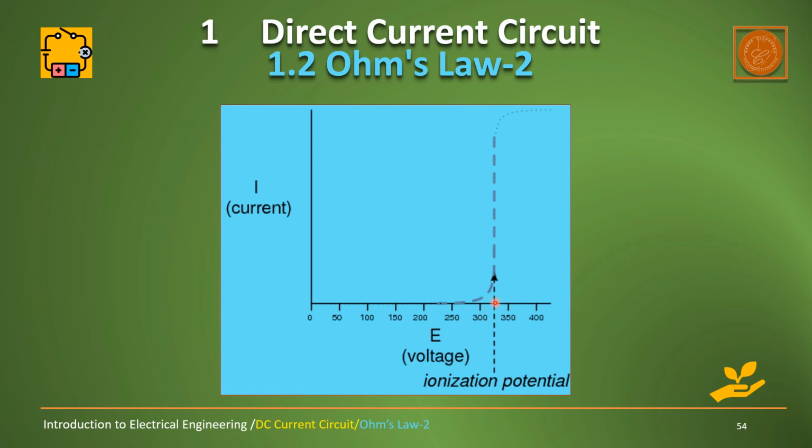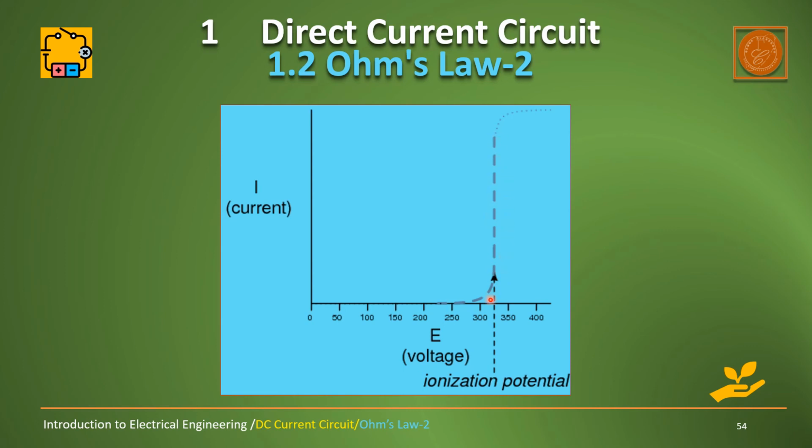When the voltage reaches this point, we call it the ionization potential. When the voltage reaches this point, the current will increase dramatically, very fast, from this point to this point.